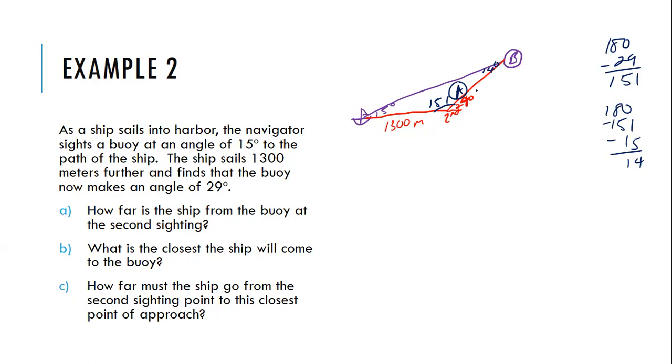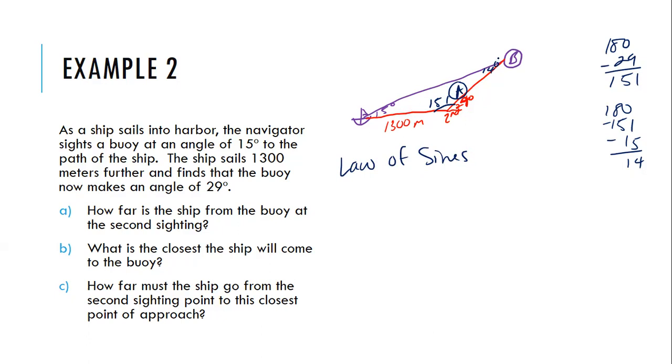Okay. Thinking about what I have here, I have all of my angles and I have a side. What could I use to solve for this? We're going to use law of sines. The reason I can use law of sines is because I have an angle and its opposite side.